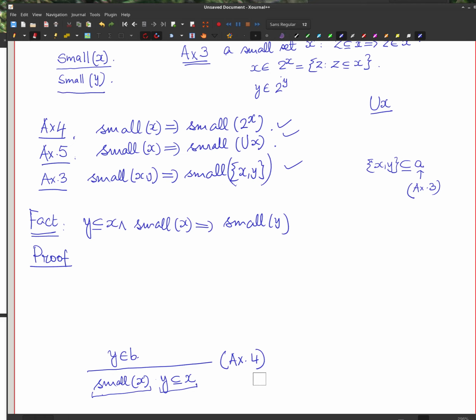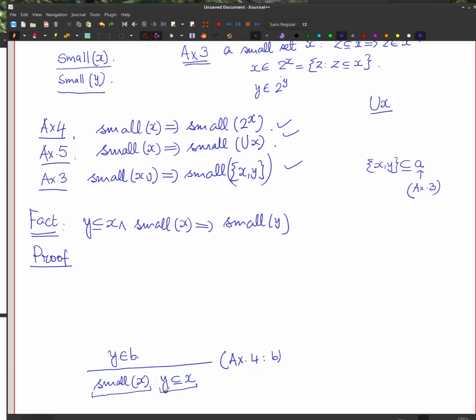You could even write it like this to say that b is given from axiom 4. So if you read axiom 4, for this small x there exists a small set b such that whenever y is a subset of x it belongs.